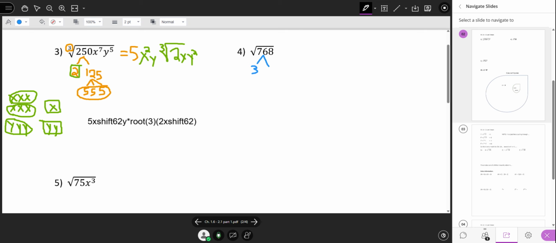So, normally I would take and divide that by 2. But in this case, I'm going to divide it by 3. And that gives me 256.